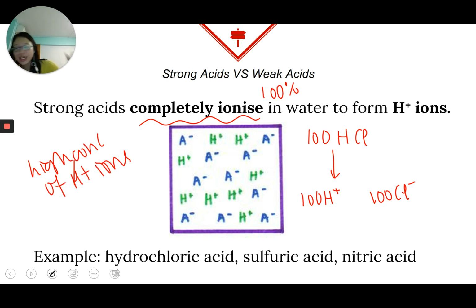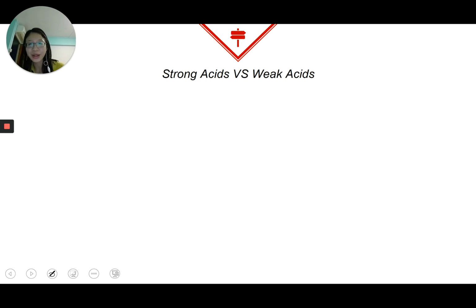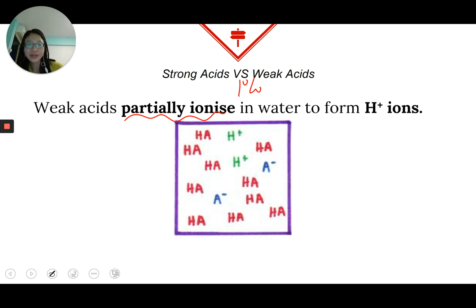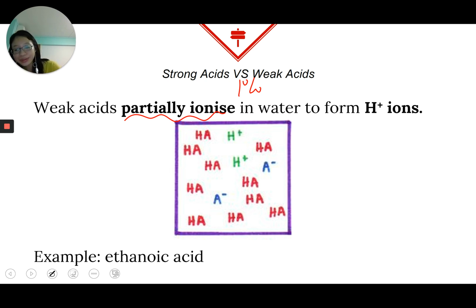Whereas for weak acids, they partially ionize. Usually only about 1% of the acid ionizes. An example of a weak acid is ethanoic acid. You need to know the formula of ethanoic acid is CH3COOH.